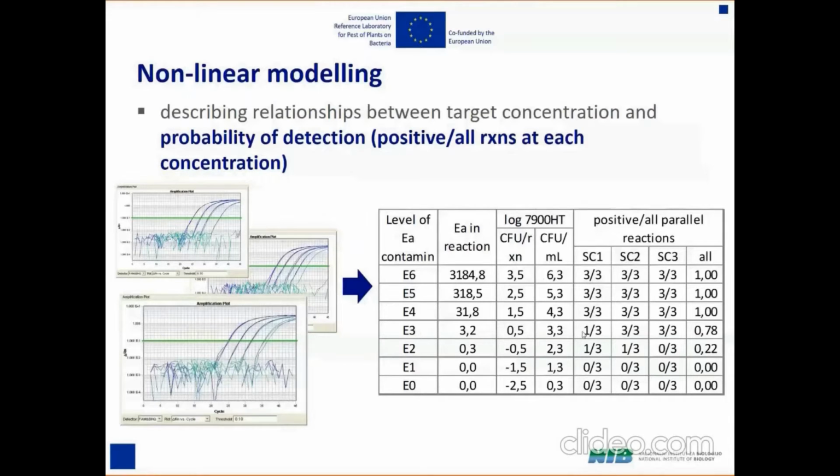So here at 10 to the 3, it's just 1 positive out of all reactions and the same in 1 concentration below. So taking all this data together for all 3 standard curves, it basically gives us 100% positive reactions at 10 to the 6, 100% positive reactions at 10 to the 5 and 10 to the 4, but then it slowly decreases.